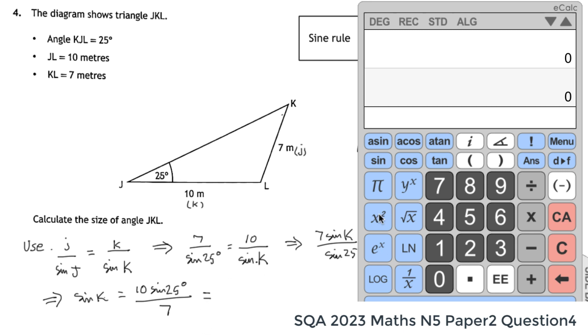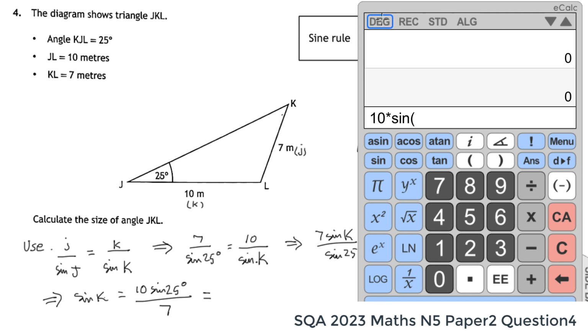So we've got 10 times sine 25. There's sine. Now, hang on. Is my calculator in degree mode? Well, yes, it is. Sometimes your calculator might show a GRD or an RAD.